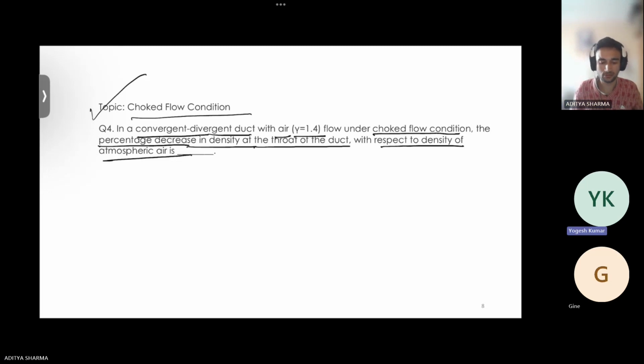That one we can use, I think. With atmospheric air, we can take the density of atmospheric air as rho naught.